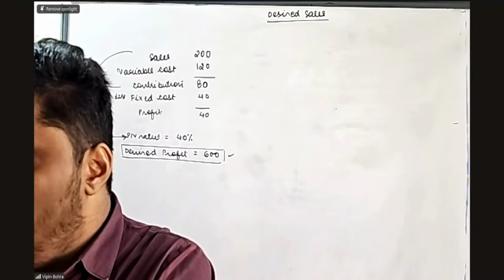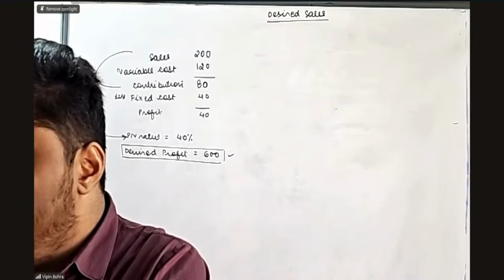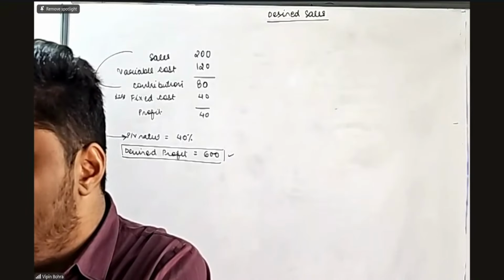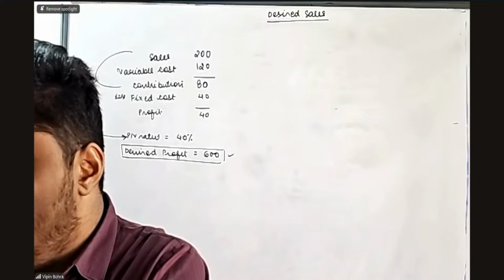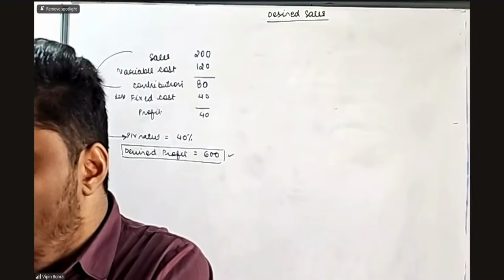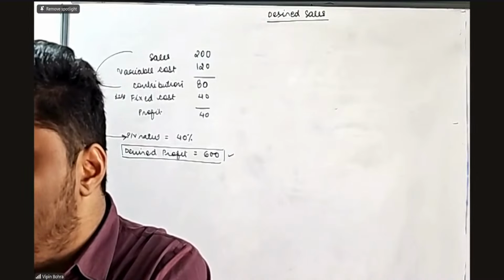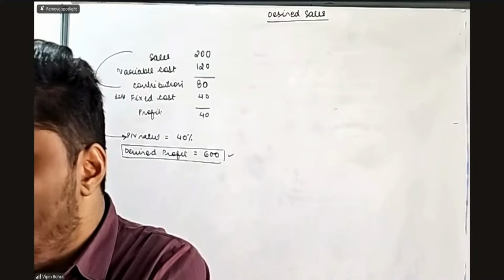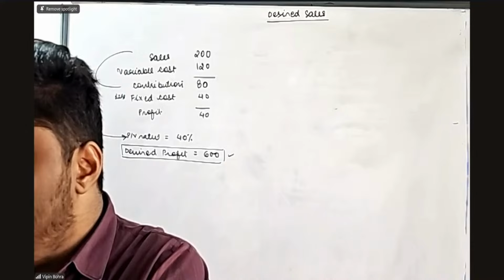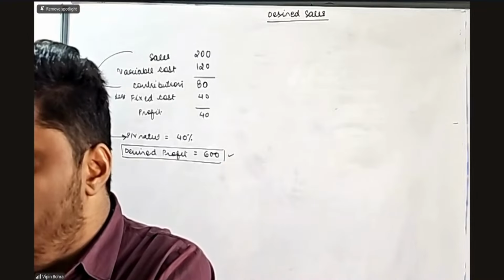Very good, Pooja. Very good, Shamli. Very good, Namrata. How much sales is required? Pooja B, your answer is incorrect. Priya Sharma, answer is incorrect. I want answers from everyone. Hina, very good.